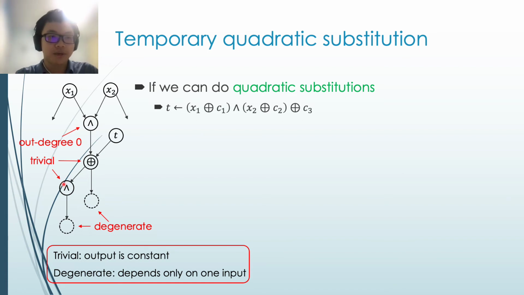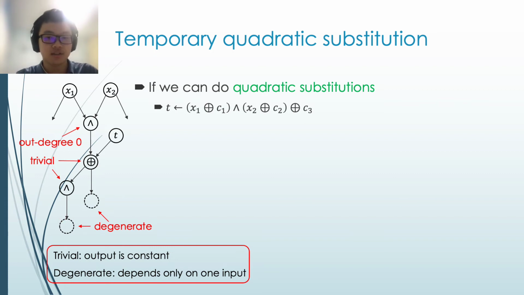By making these two gates constant, these two dashed gates become degenerate. And we notice that in addition, this AND gate now has odd degree 0, so it can also be removed. In this case, we remove 5 gates from the circuit.